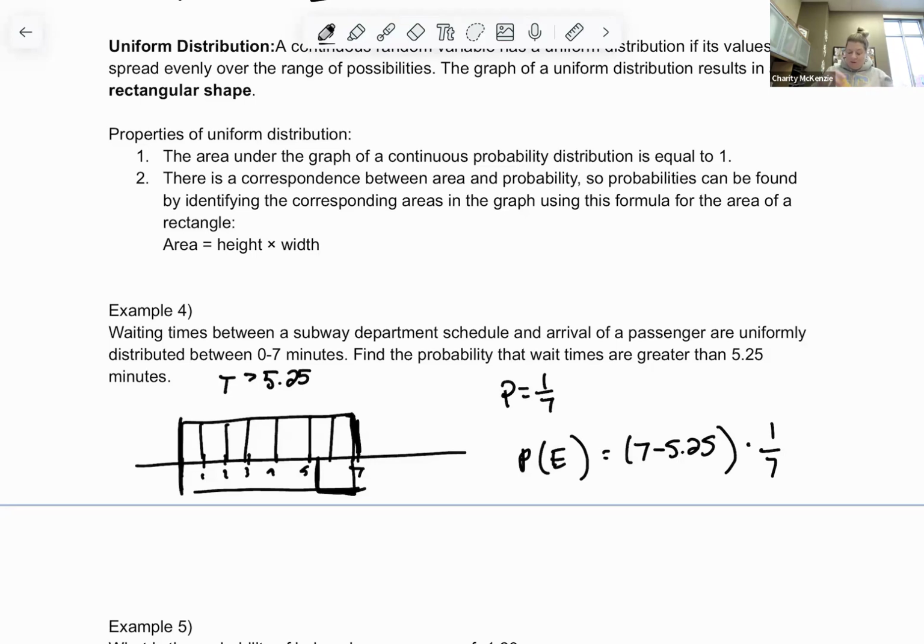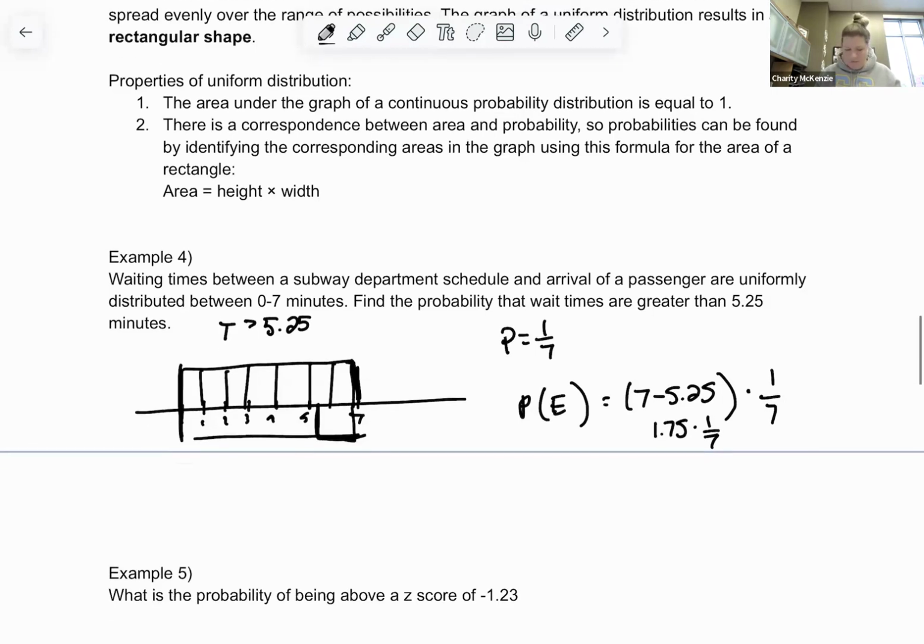So I'm going to just take out my calculator. 7 minus 5.25 gives me, oops, I put in 5.5, 1.75, right? So this would be 1.75, and then times that by the 1/7, and I get 0.25.